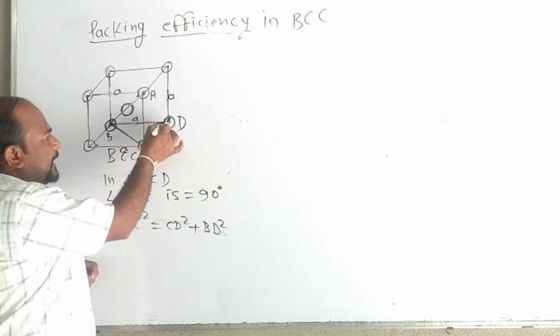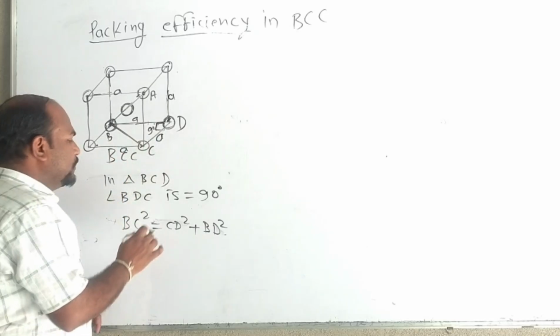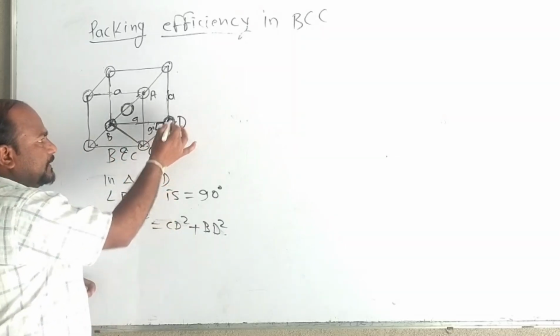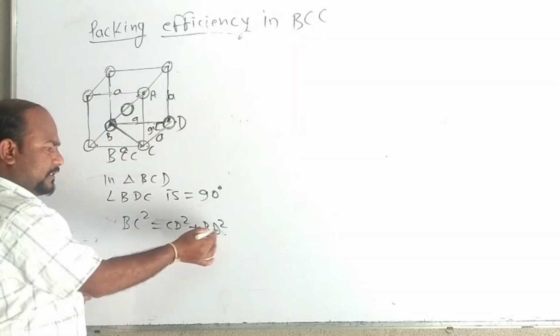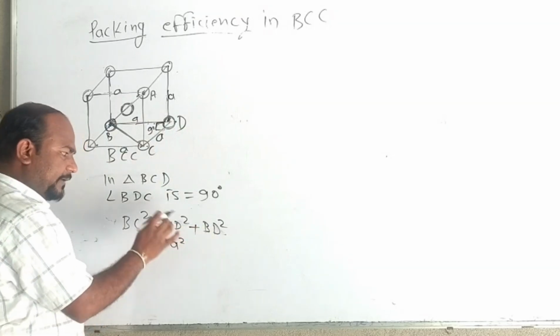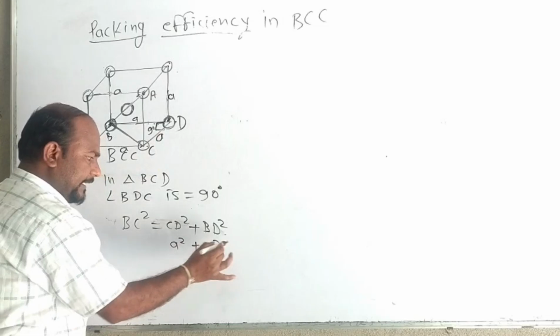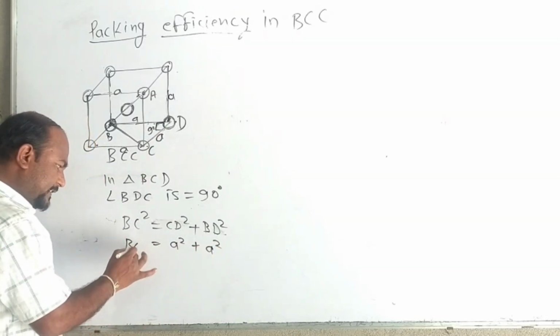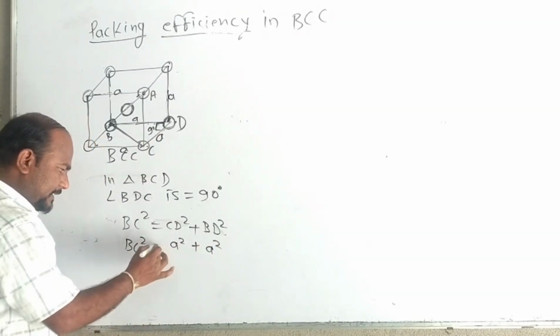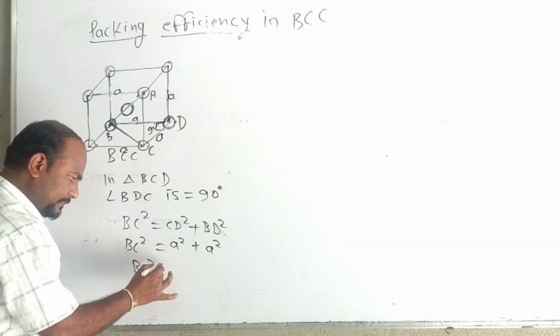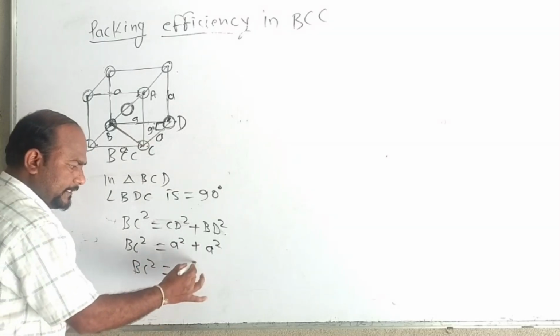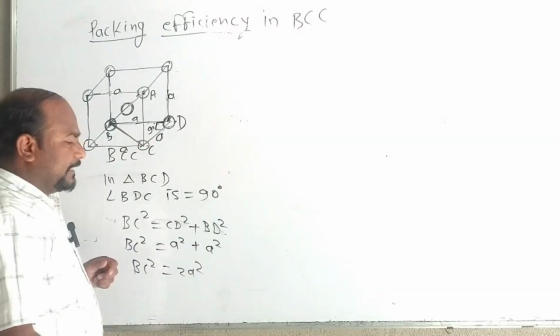Why? Because this is a 90-degree angle. Now we know that this CD and this BD both are edge length. So we can put here edge length a square plus edge length a square. Okay. Now BC square is equal to how much? 2a square.